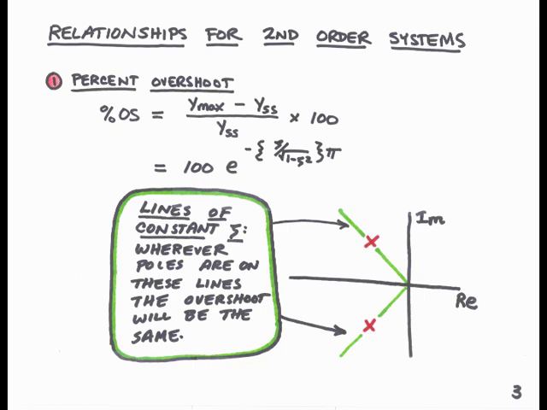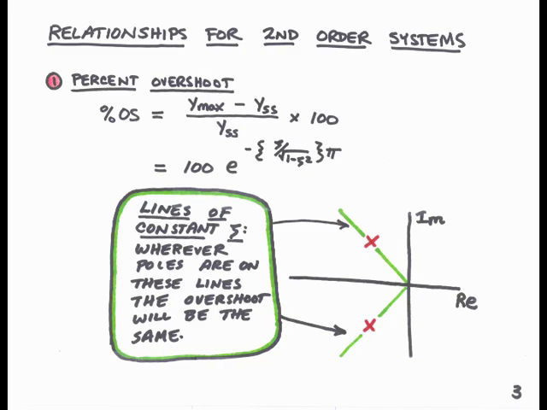And this can be related to pole location in the following way. Max percent overshoot is equal to 100 times e to the quantity minus zeta over square root of 1 minus zeta squared times pi. Here zeta is the damping factor of the second-order system's poles.